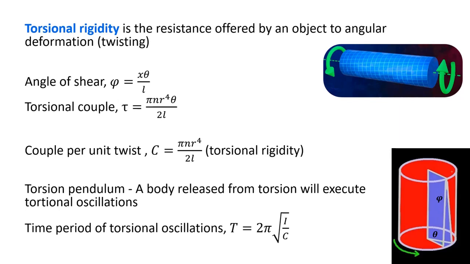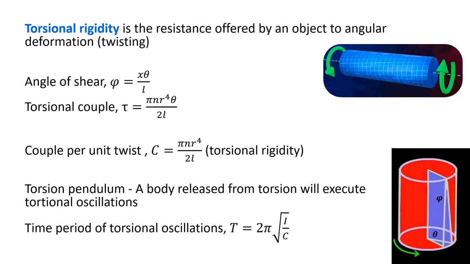Torsional couple is given by the equation tau is equal to pi n r to the power 4 theta by 2L. We can also find couple per unit twist C given by pi n r to the power 4 divided by 2L. Here n is the rigidity modulus.